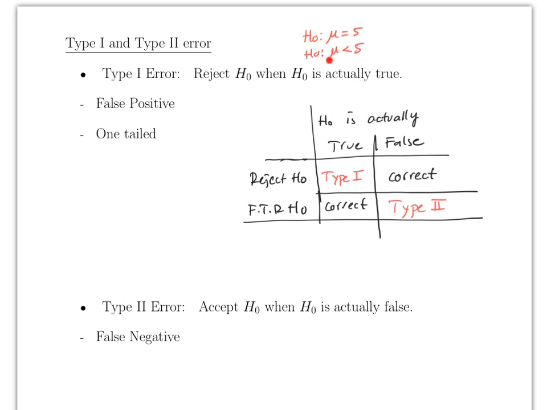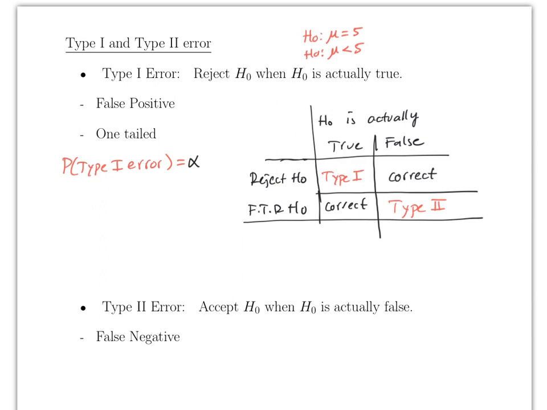Let's say that we had made a mistake and this was actually true, then we're going to make a type 1 error. That's what it means. Sometimes this is just called a false positive. Now, the probability that you're going to make a type 1 error is equal to alpha. So therefore, the smaller the alpha, the smaller the probability that you make a type 1 error.